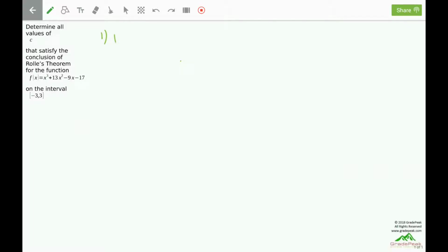The first condition: the function f of x, which is x cubed plus 13x squared minus 9x minus 17, has to be continuous on the closed interval given.